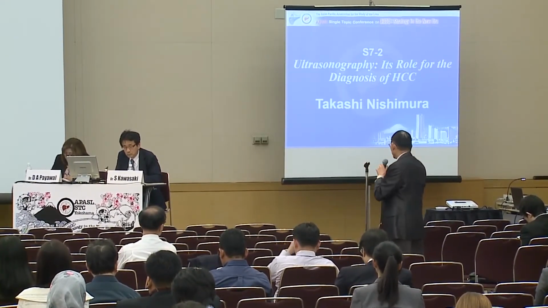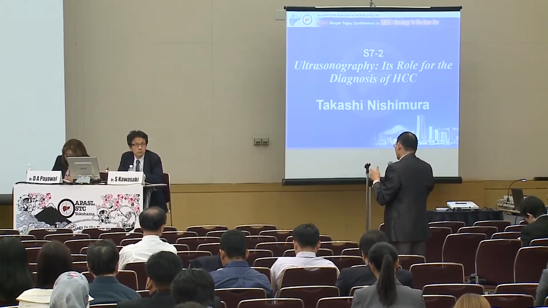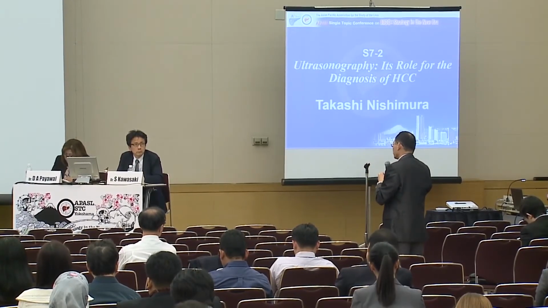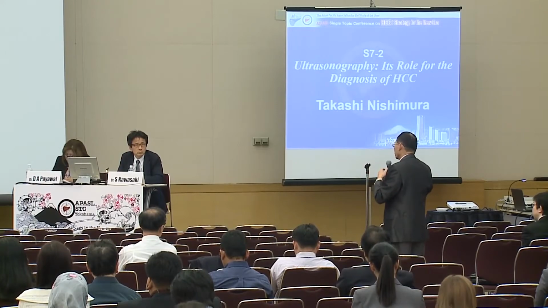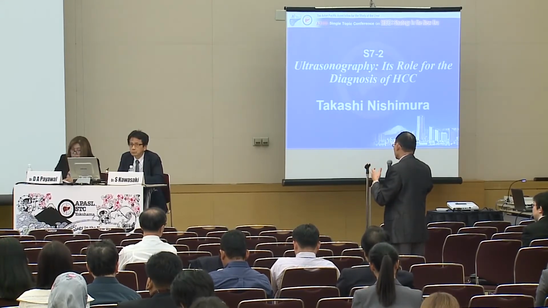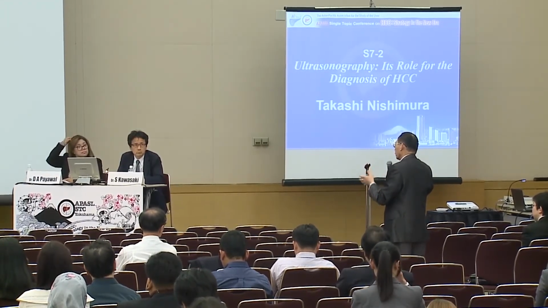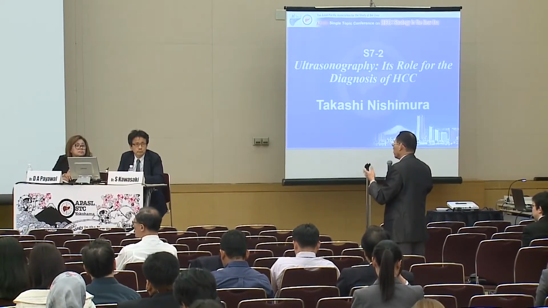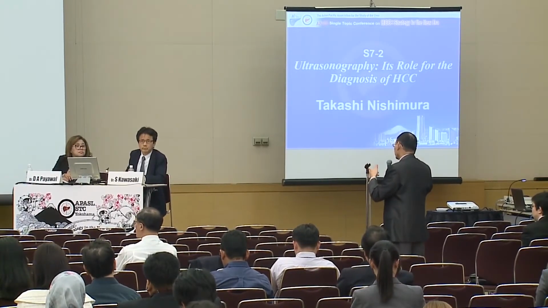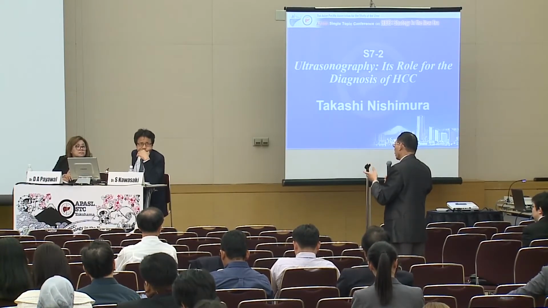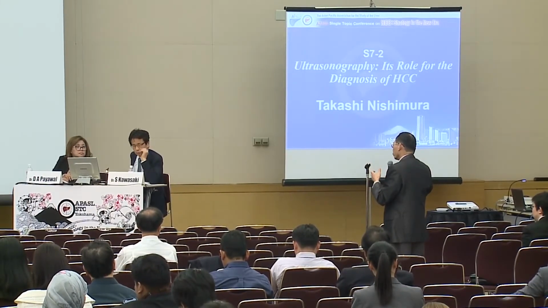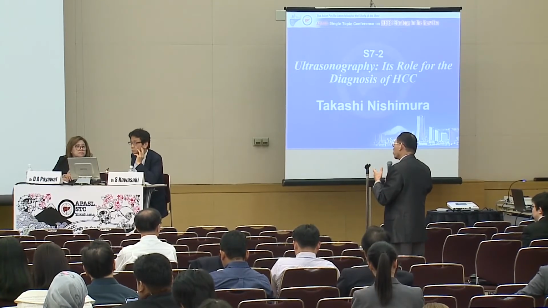Thank you very much for your excellent talk. Since CEUS is better than conventional US, and the Barcelona group suggests only CT or MRI can diagnose the HCC without liver biopsy, do you suggest that CEUS can replace the role of CT or MRI, especially for those whose renal function is not very good?